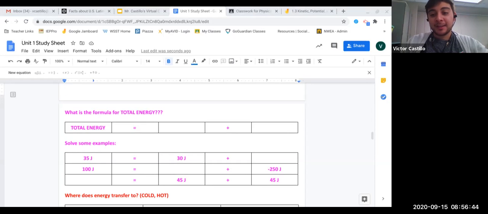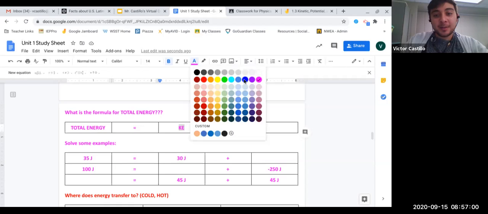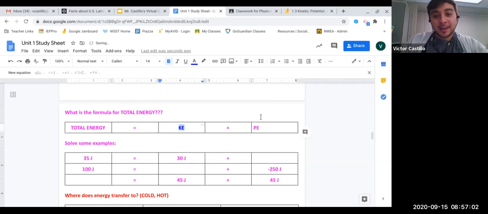It is the sum of, awesome, thank you, Sarai was able to message me that, the sum of kinetic energy, KE, plus potential energy, PE. The sum of kinetic energy and potential energy. Remember, it's the addition. You add them together, right?